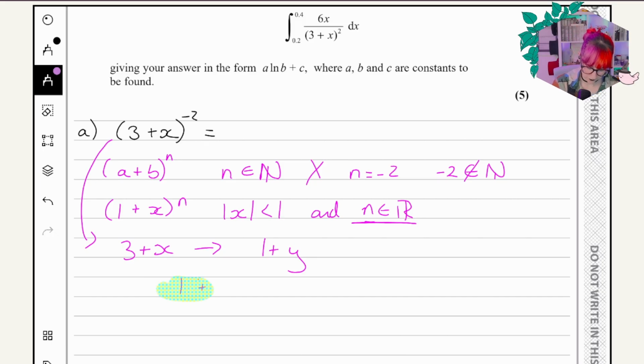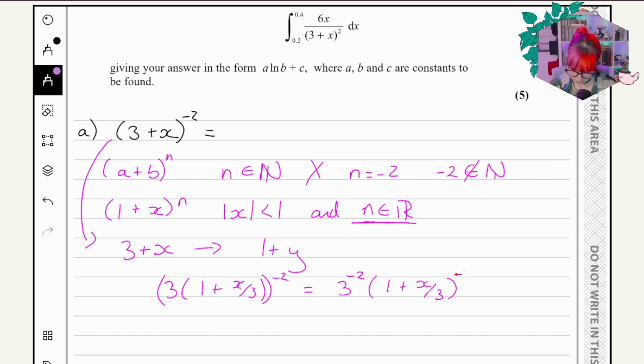Let's just take out a factor of 3 and see what happens. 3(1 + x/3), all of that to the power of minus 2. So just inside this bracket, done. Take the 3 out. So that gives me 3^(-2)(1 + x/3)^(-2).